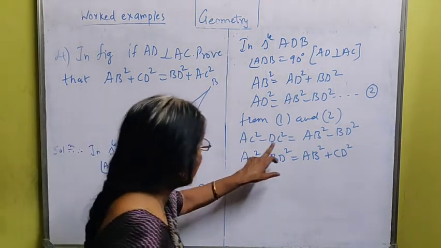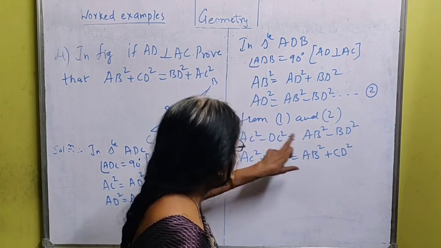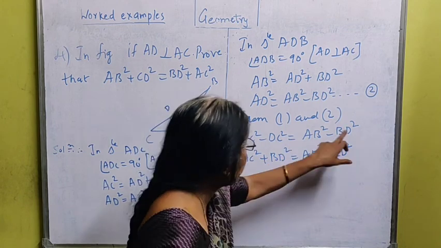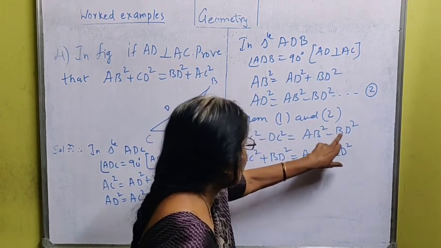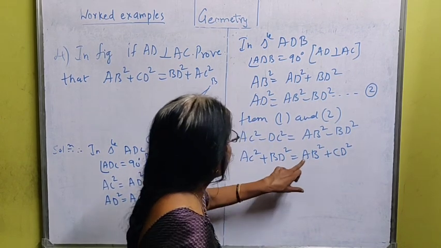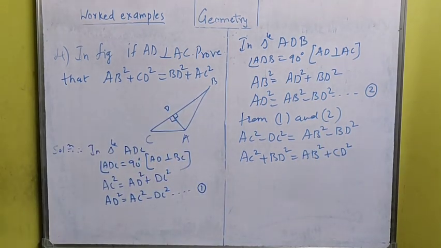So AC square minus DC square is equal to AB square minus BD square. I want AB and CD together, AC and BD together, so minus DC square will become plus, and minus BD square will become plus BD square. So AC square plus BD square is equal to AB square plus CD square. Thus your sum is proved.